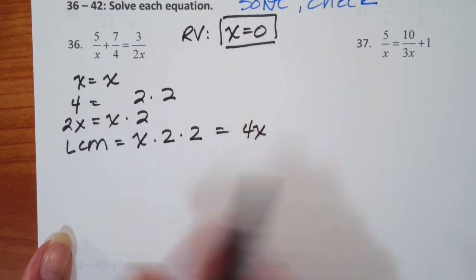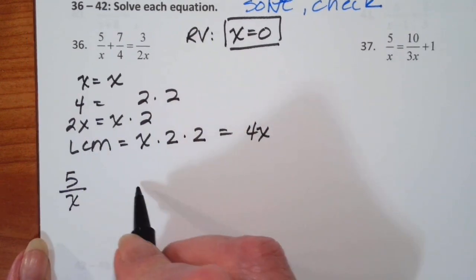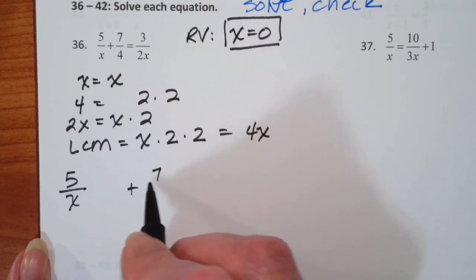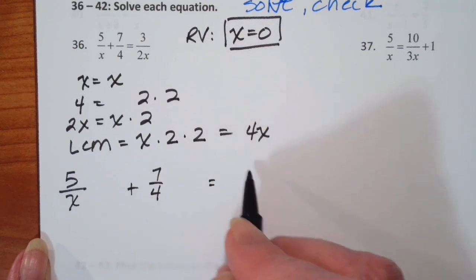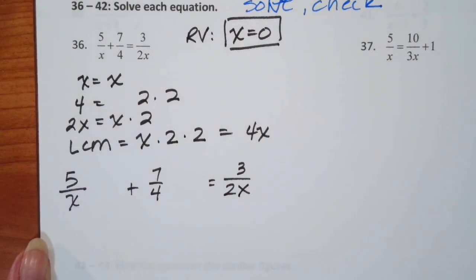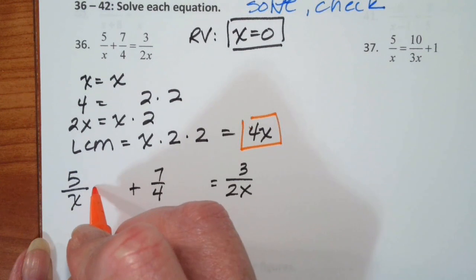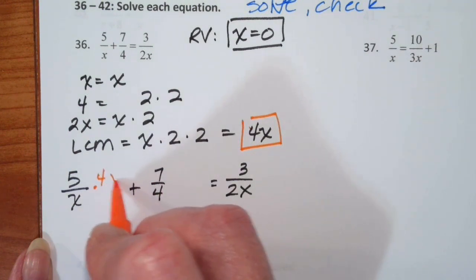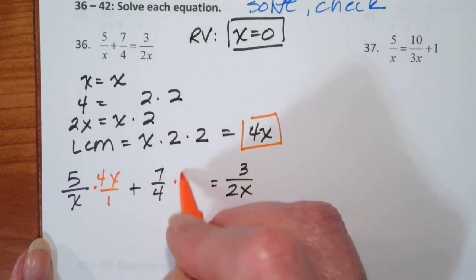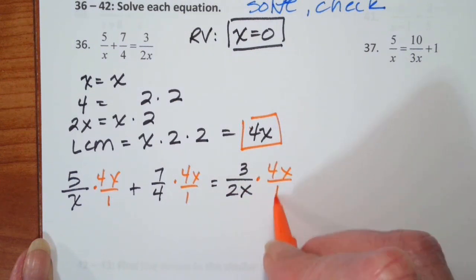So I'm going to take my original equation and I'm going to multiply each term times 4x. Okay.